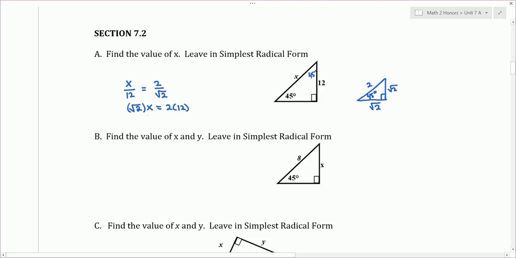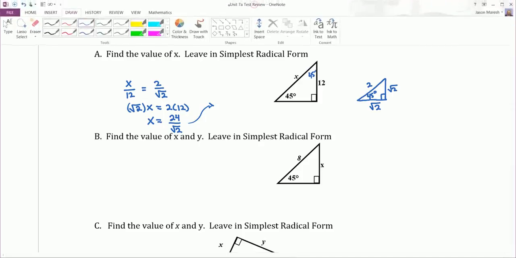Then divide by square root of 2, and you get x is equal to 24 divided by the square root of 2. And we can't end with a square root of 2 in the denominator.